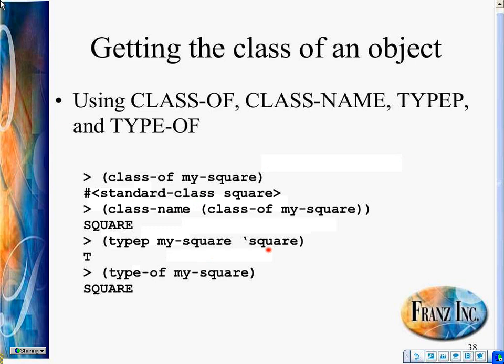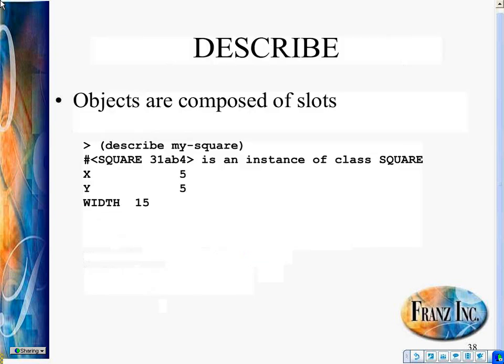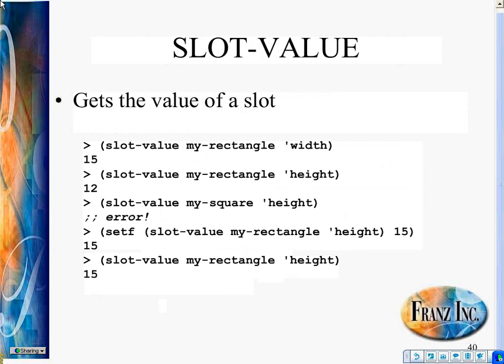Typep of my-square square is true. Type-of my-square is square. My-square is also a standard-object, and it's also of class t, because typep will return true so long as the class specified here by name is either the class of this object or a superclass. There's a function called describe, which you may be familiar with, and it will tell you interesting things about any particular object.